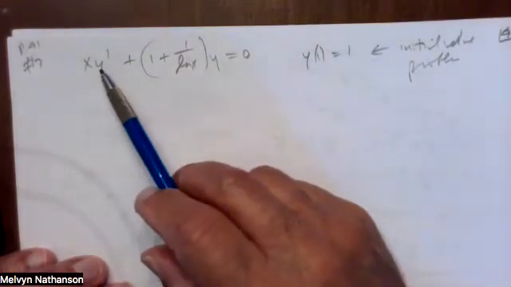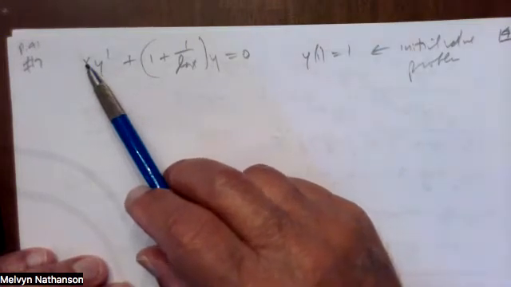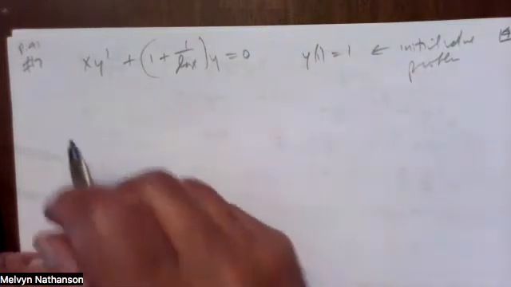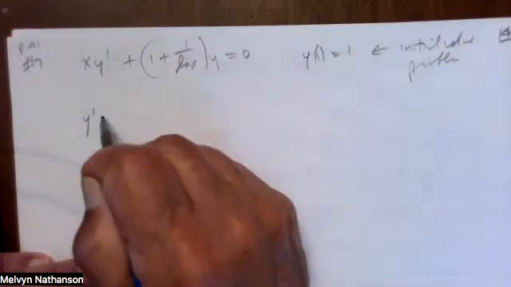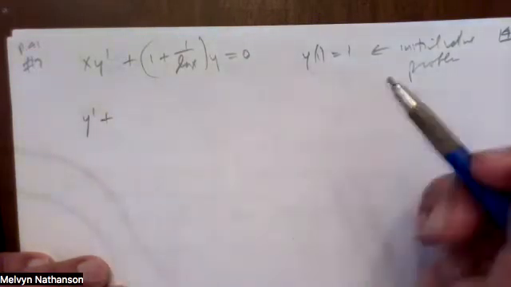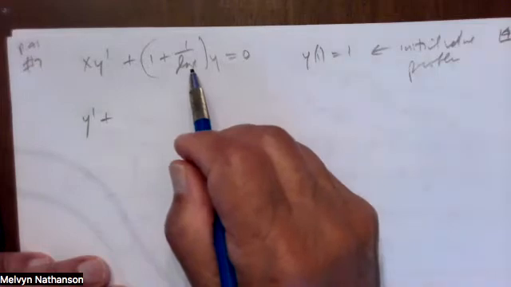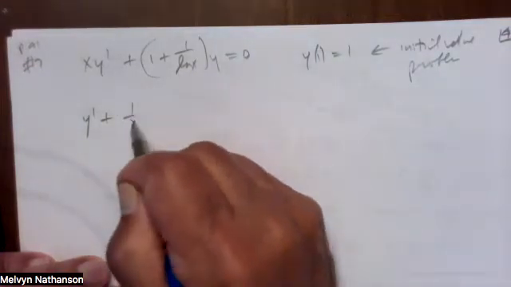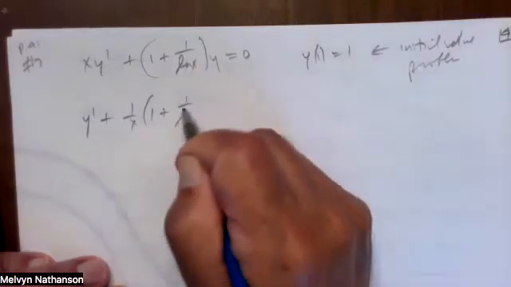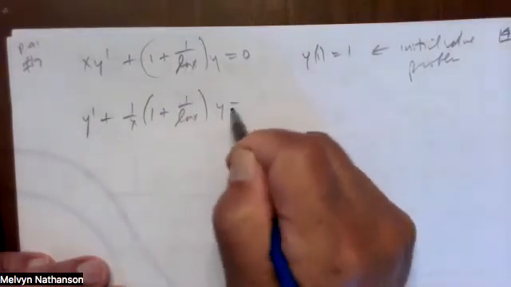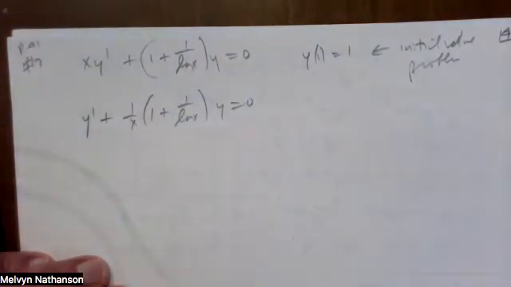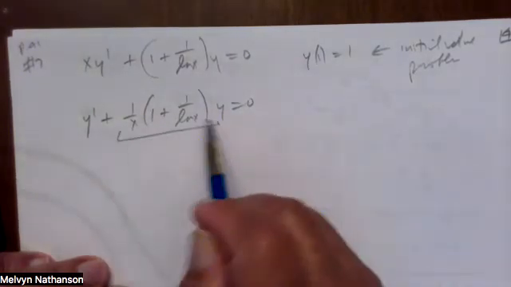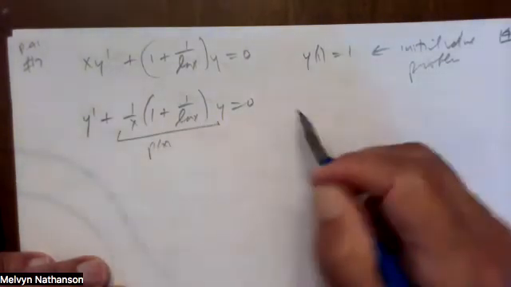Now again, the coefficient of y prime isn't 1, it's x, so you have to divide by x. You get y prime plus, so this is for x positive, since log x is only defined for x positive, 1 over x times 1 plus 1 over log x times y equals 0. So this is my function p of x.